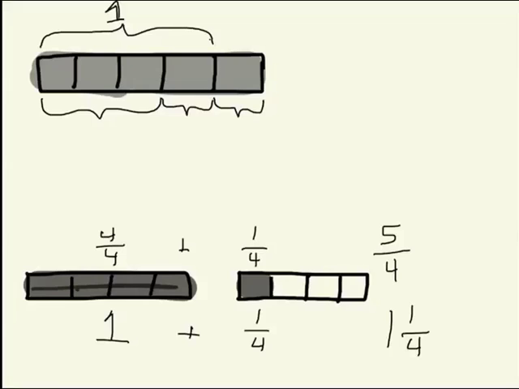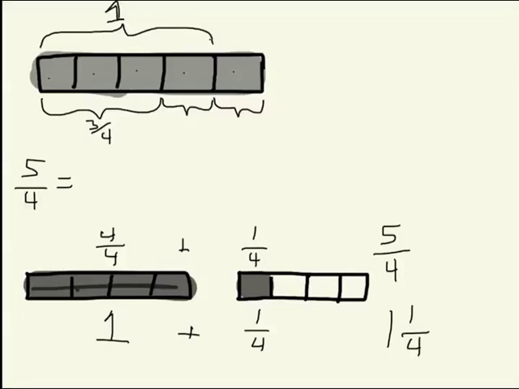So up here I have the whole thing shaded, 1, 2, 3, 4, 5, so I'm dealing with 5/4, and that is equal to, and I'm going to look at my brackets here, my first bracket I have 3/4 shaded.